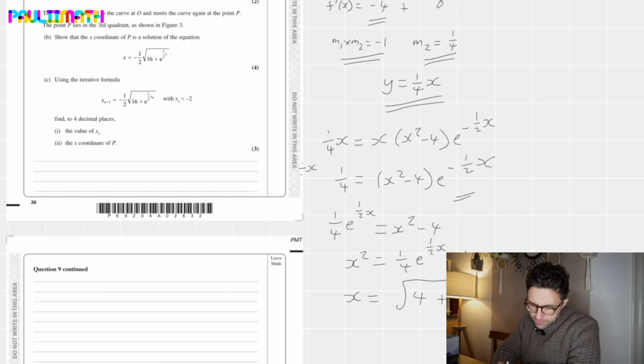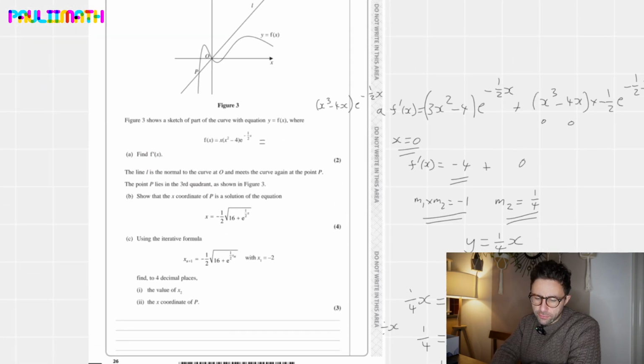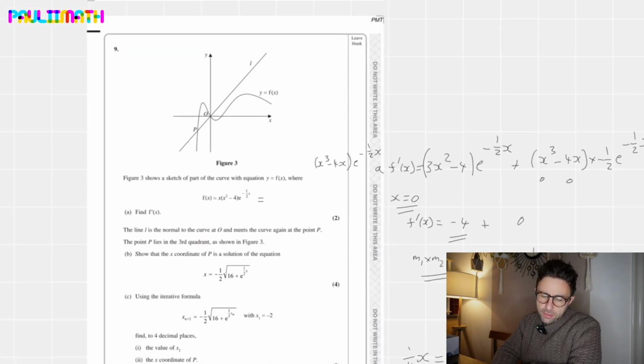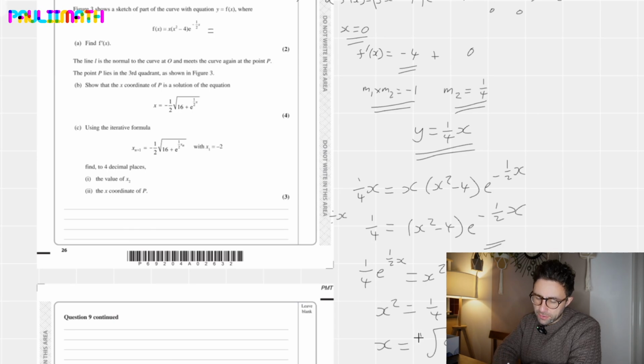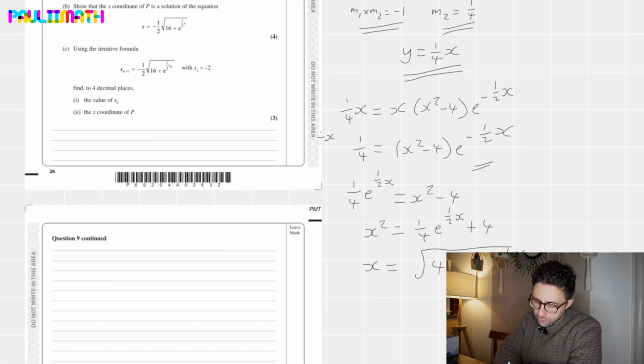You've got that, divided it through, multiplied, cool, so that's gone. Got your x squared plus 4. I guess when you're taking that square root there are 2 possible answers, plus and minus. But no, I don't really know about that. Keep going, we'll worry about that in a second.